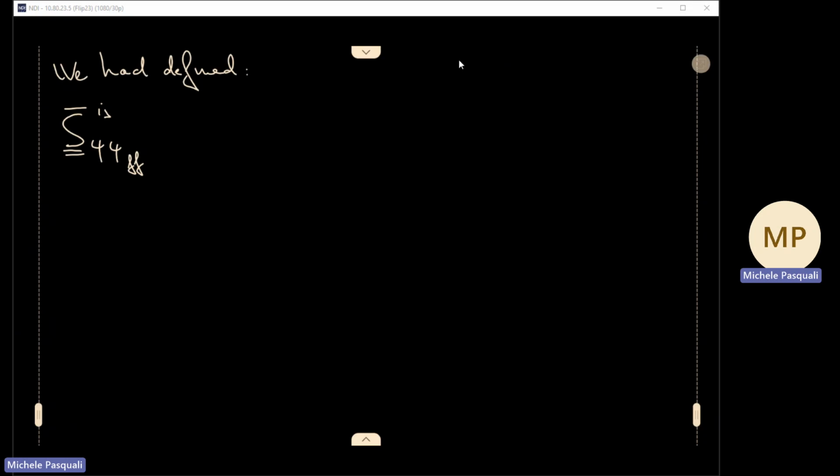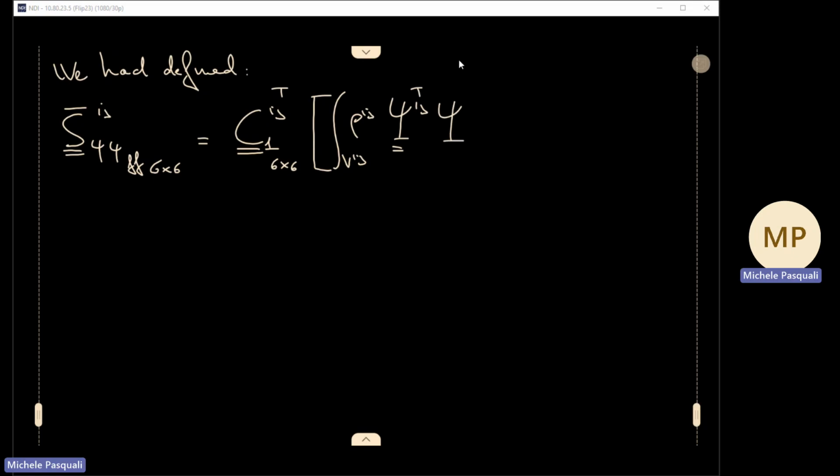This was a 6 times 6 matrix, which we define as C1 Ij transposed, which is a 6 times 6 matrix, over the integral Vij of rho Ij of Psi Ij transpose applied over Psi Ij in the V, and then multiplied times Psi1 Ij.